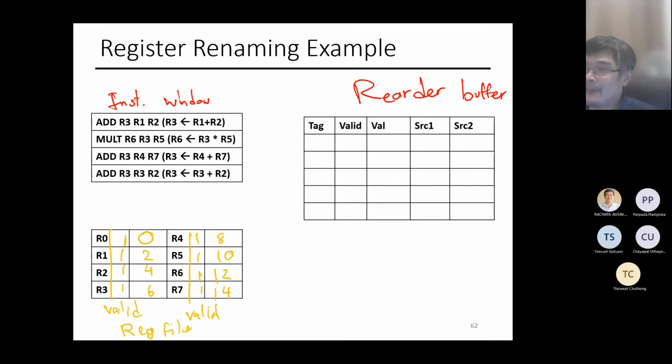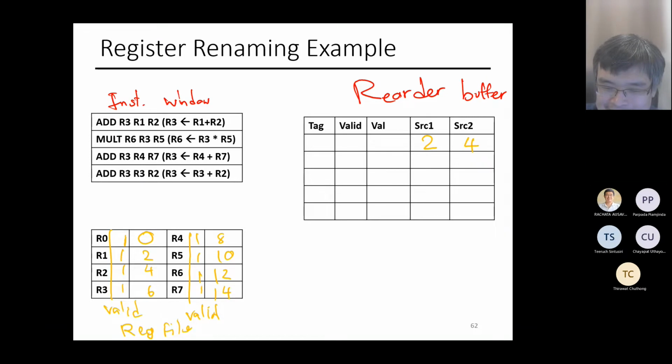Now, the first instruction is R1 plus R2. Source 1 is R1. What is the value of R1? Right now it's valid, so you get it from the register file: 2, and then R2, the value is 4.